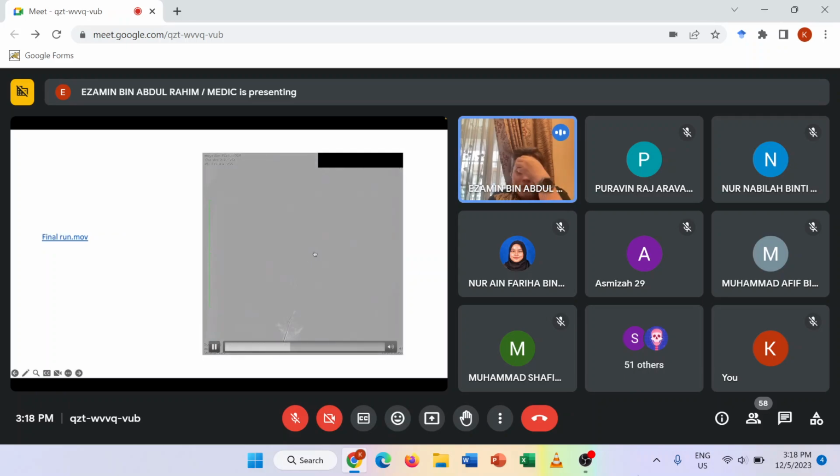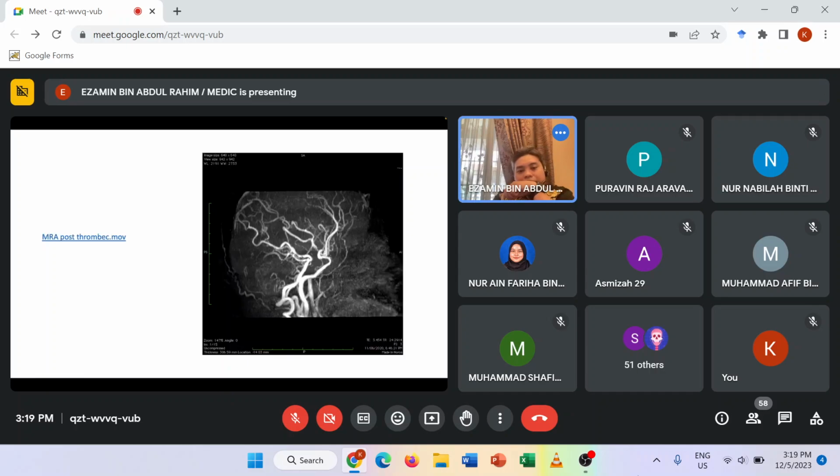This one we call MCA, and this one we call A1, ACA. The one that goes in the middle is the ACA, and this one is the MCA. So this is the MCA occlusion just now. The stenosis is in the carotid artery, quite distal. Alright.